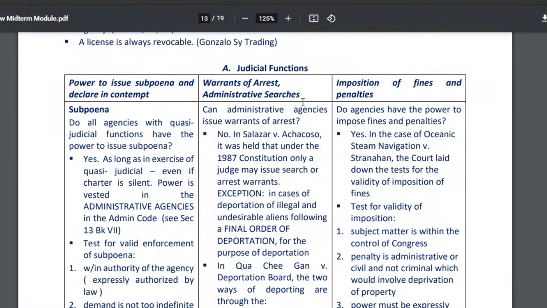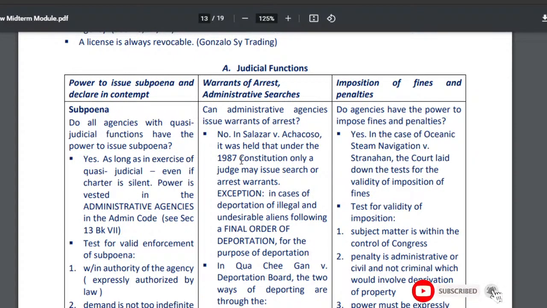Now, we have here warrants of arrest and administrative searches. Can administrative agencies issue warrants of arrest? No. In Salazar versus Achacoso, it was held that under the 1987 Constitution, only a judge may issue search or arrest warrants.